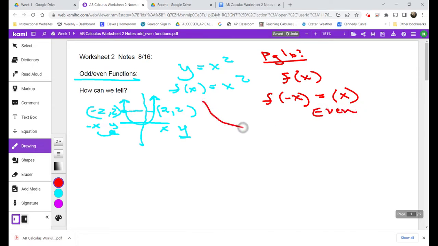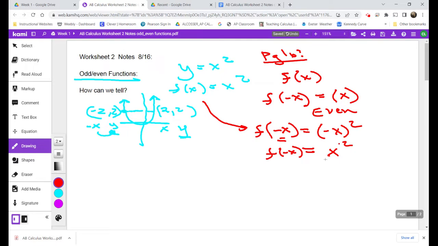So we're going to take this. Is x squared even? That's what we're talking about. So I take this f and I plug in negative x. What did we talk about the other day? If I plug in negative x here, I have to plug in negative x here. And so what happens is this: if I plug in a negative x, then I get out positive x squared.